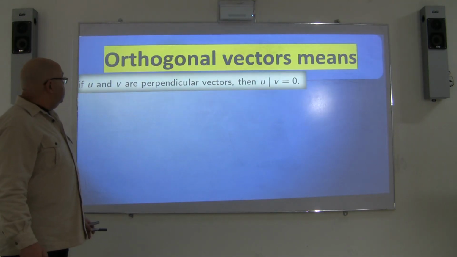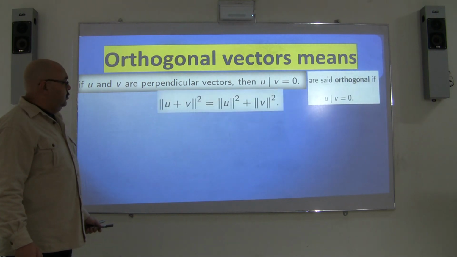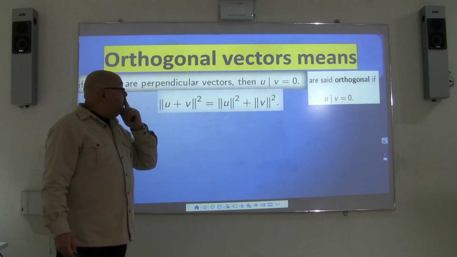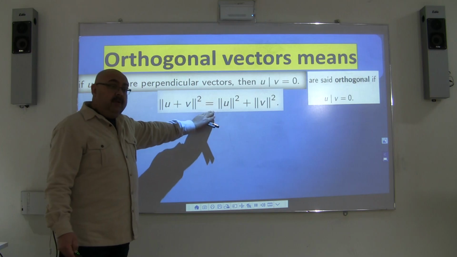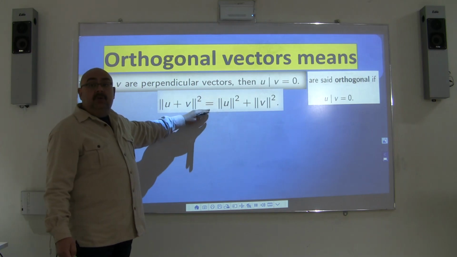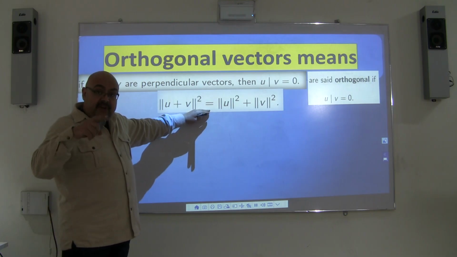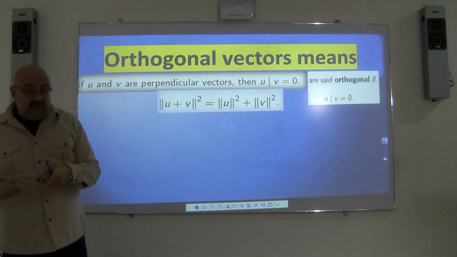Orthogonal vectors means if you have u and v perpendicular vectors, the multiplication is equal to 0, as I told you. And also you will have the magnitude of u plus v squared equal to the magnitude of u squared plus the magnitude of v squared, because they are perpendicular. And this is similar to the Pythagorean theorem.